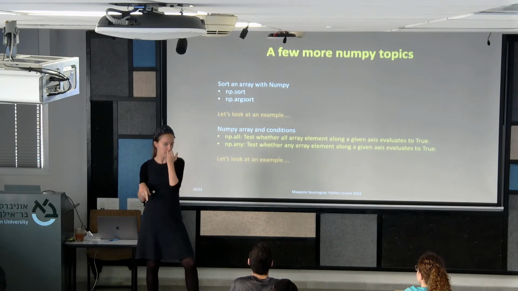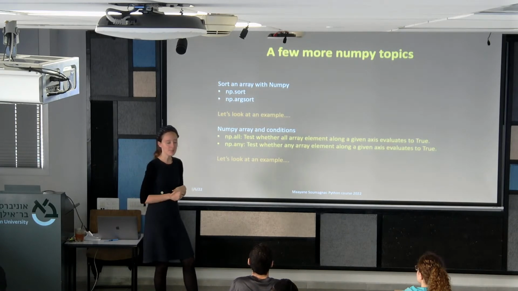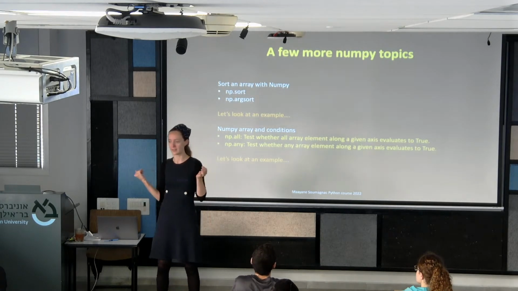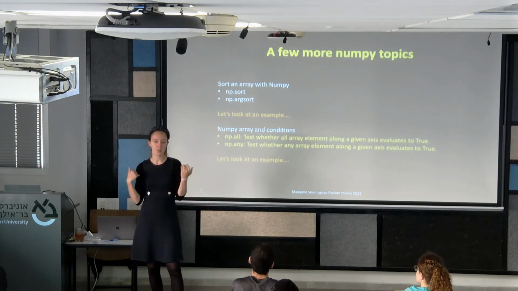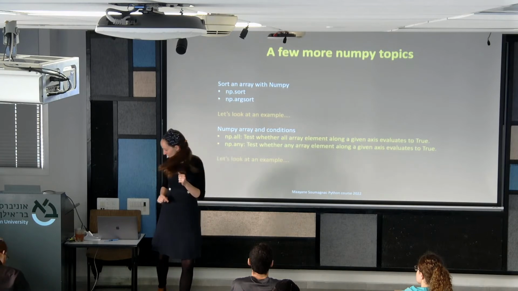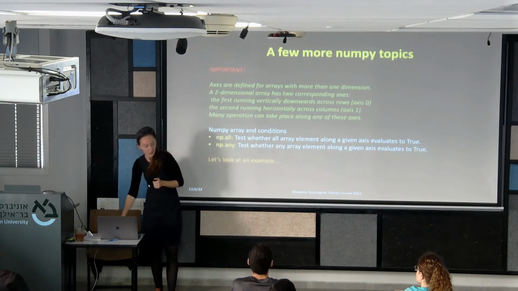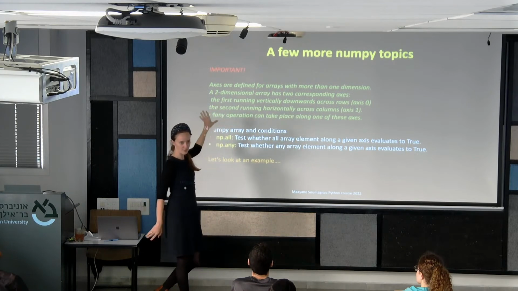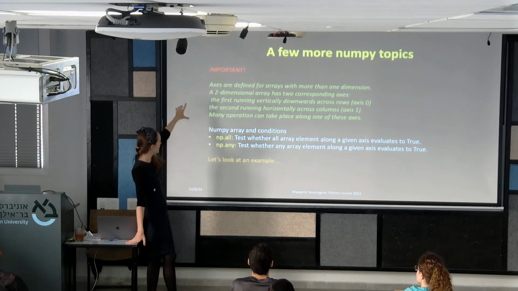We'll look at an example in a second, which allow you to sort 1D arrays, of course, but they also allow you to sort arrays along specific axes. Okay, and before I show you an example, this is very important. Okay, this is from the Python documentation, this part.